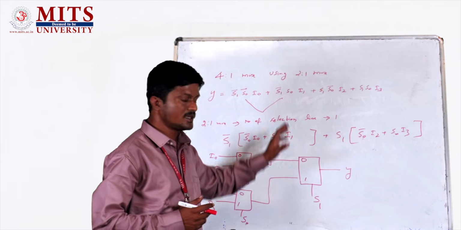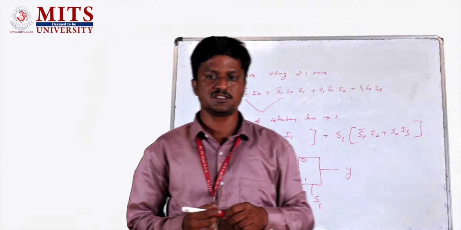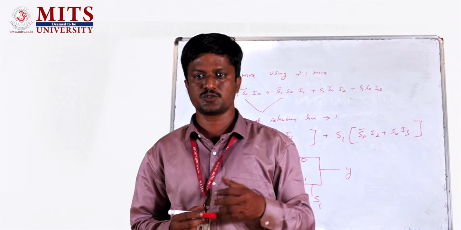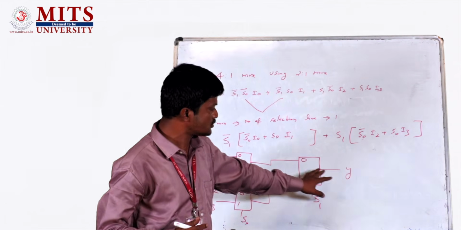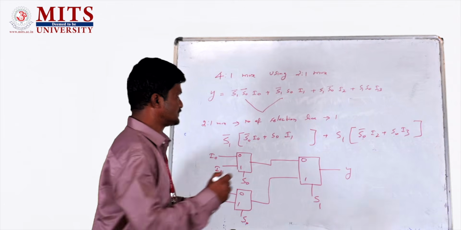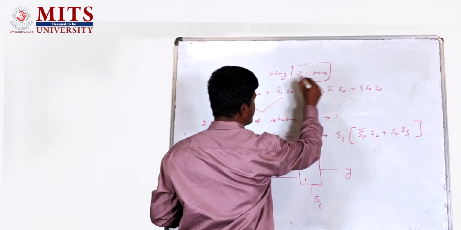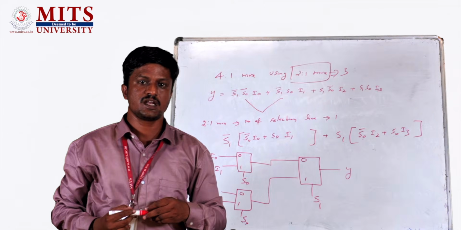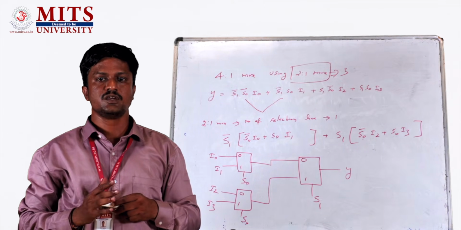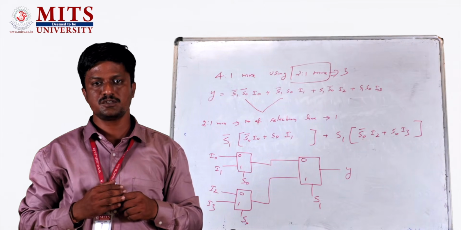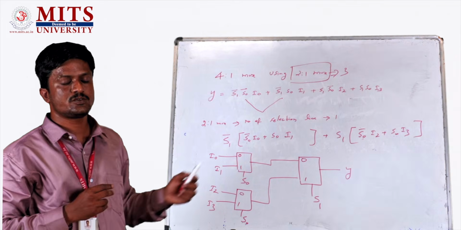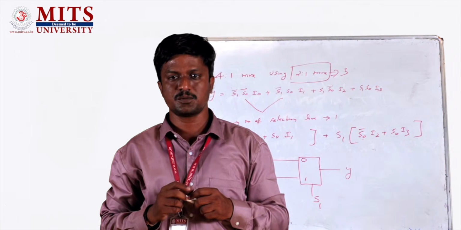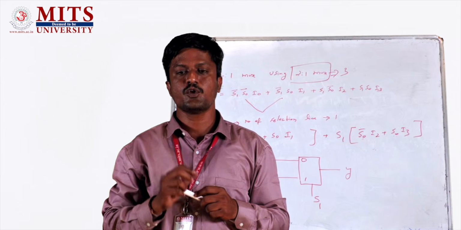The final conclusion is you realize a 4 is to 1 mux using 2 is to 1 mux, and the number of 2 is to 1 muxes is 3. So this is the idea of how to realize a 4 is to 1 mux using 2 is to 1 mux. Next we are going to discuss how to realize an 8 is to 1 mux using 4 is to 1 mux.